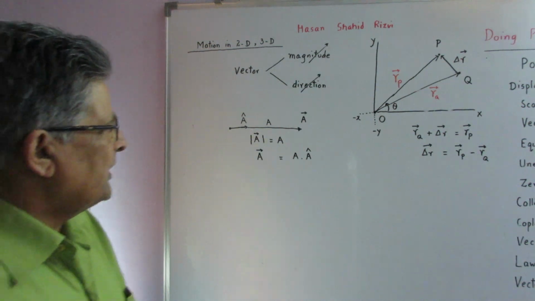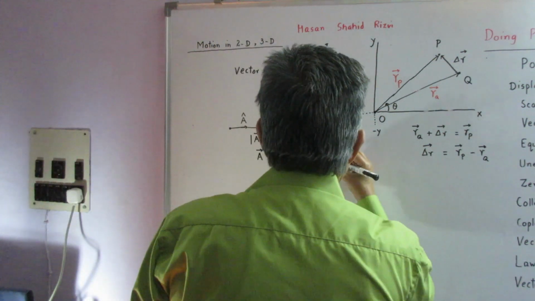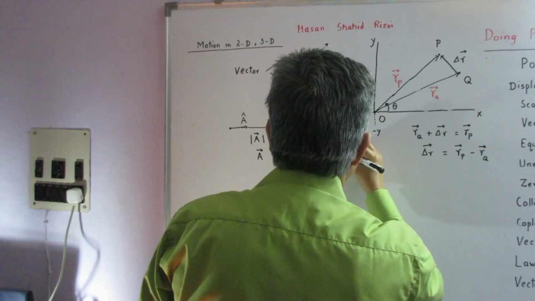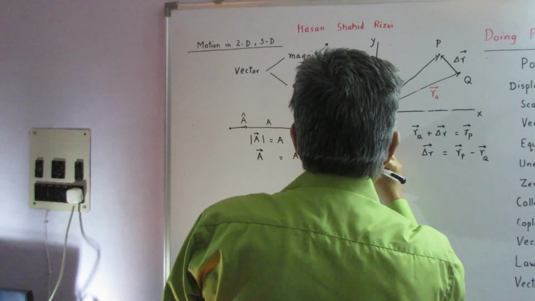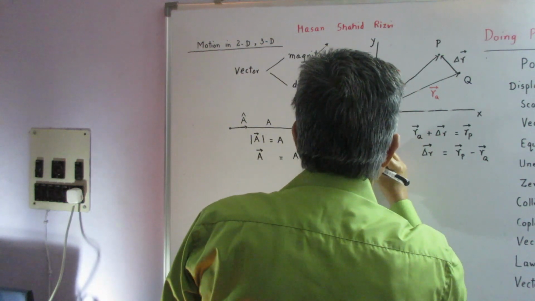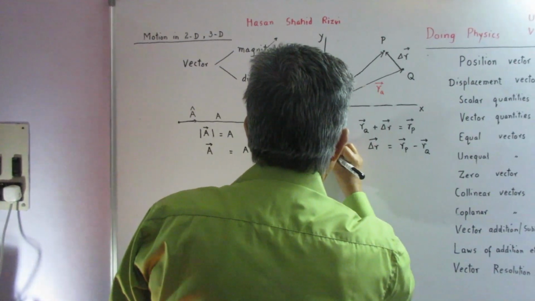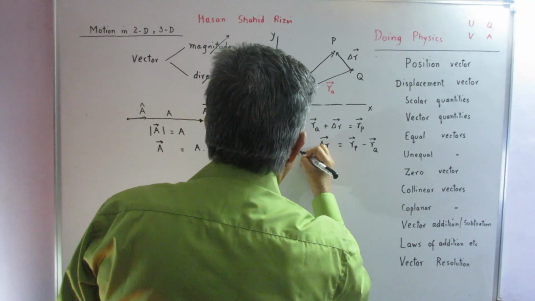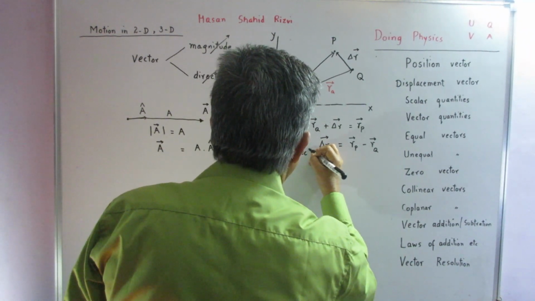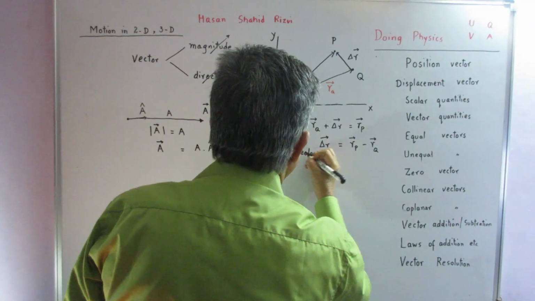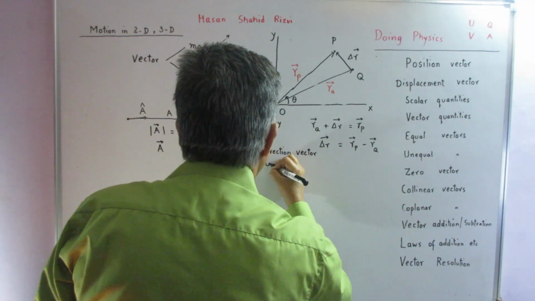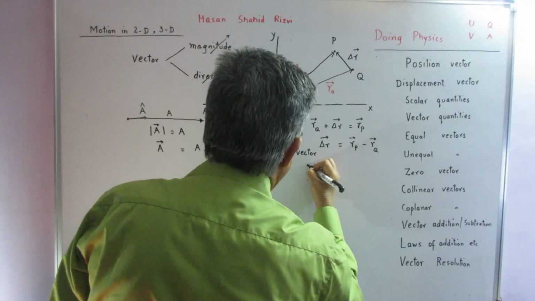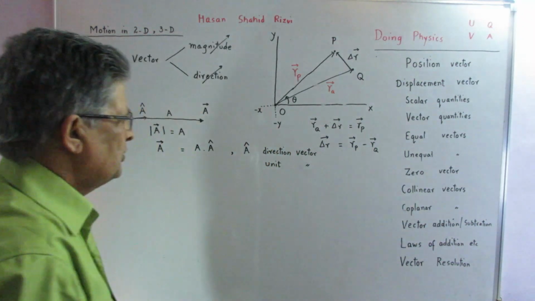A cap is a direction vector, also known as a unit vector, for the defined vector.